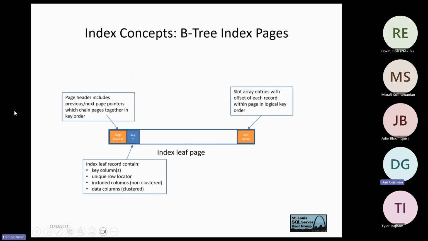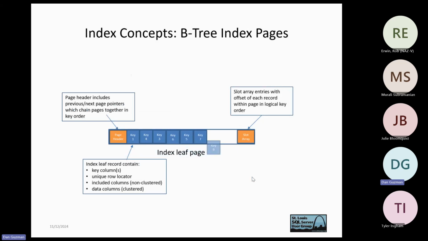So each page has a page header at the beginning, and that slot array I mentioned at the end. And that slot array is what maintains the logical order. So when I insert these keys in the table, in addition to the row locator and the other data columns in those rows, it also maintains the slot array at the end of the page, with the offset of each record.